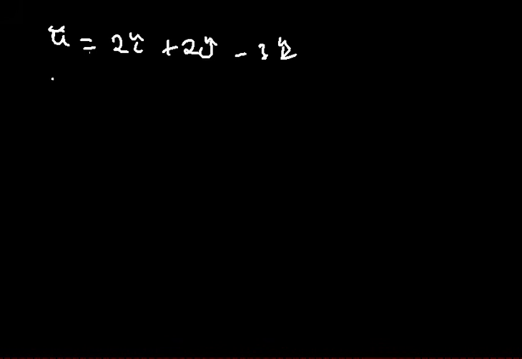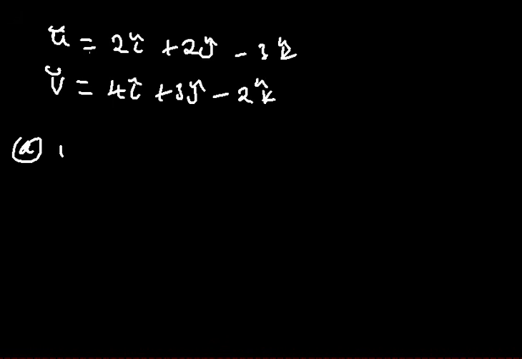And we have a vector v which is given as 4i plus 3j minus 2k. So what is the dot product of the two vectors if that is the case?